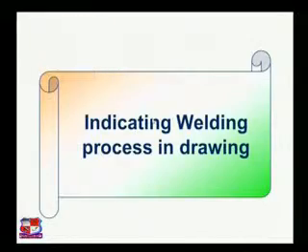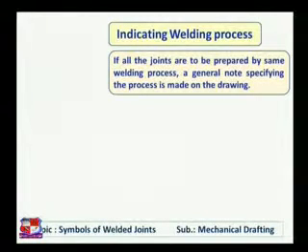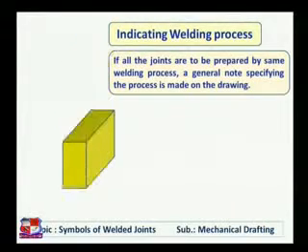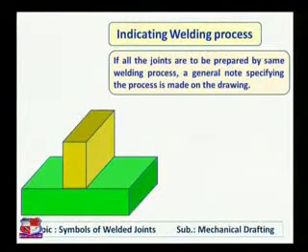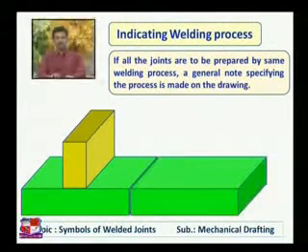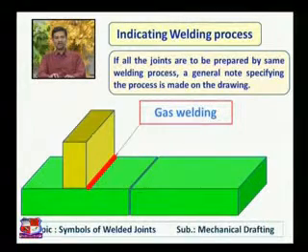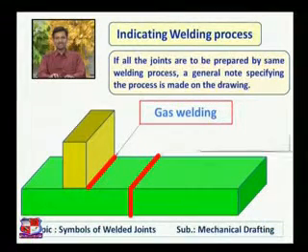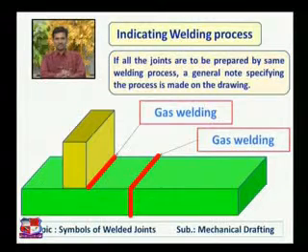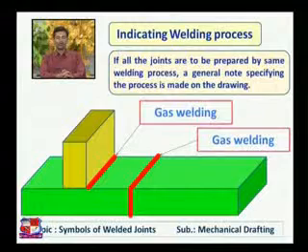Now one topic which remained skipped earlier: how to indicate welding symbols or welding process in the drawing. That we are going to discuss over here. Indicating welding processes: if all the joints are to be prepared by the same welding process, like this, if these two pieces are joined like this and the same welding, gas welding, is done at both the places, then a general note specifying the process is made on the drawing like this.